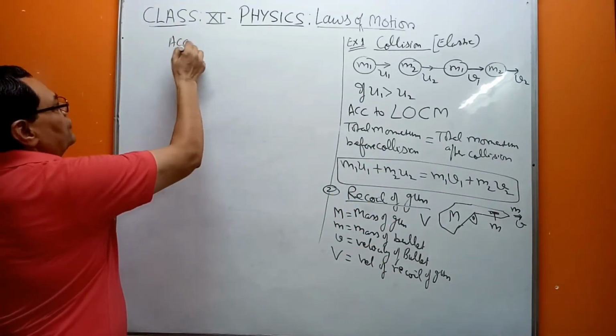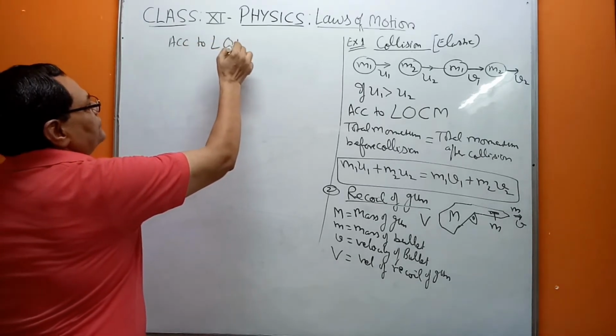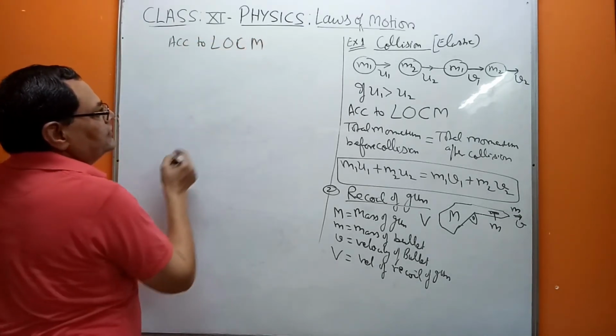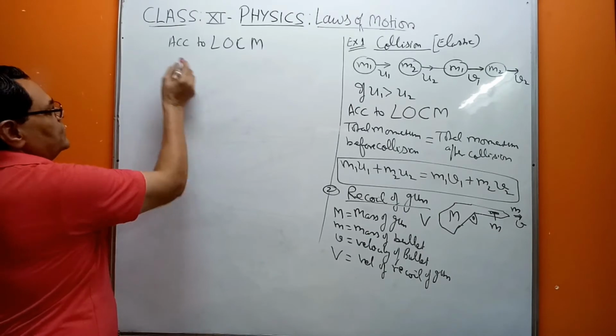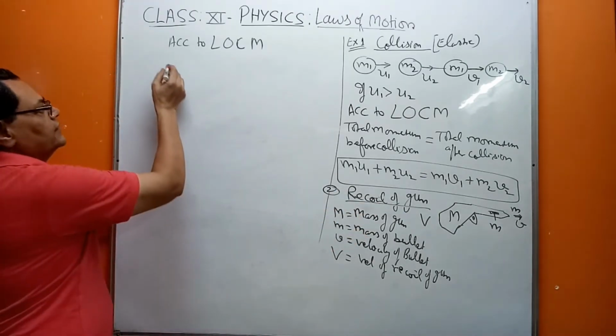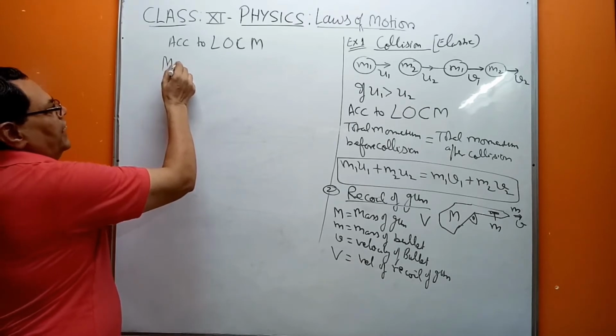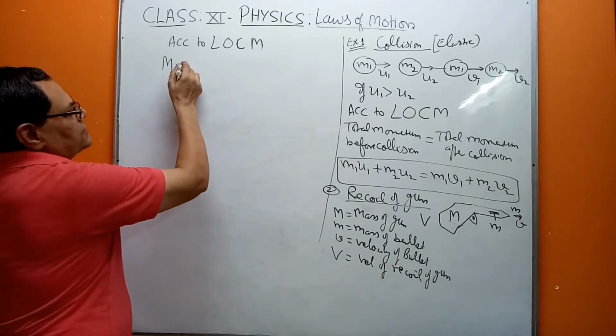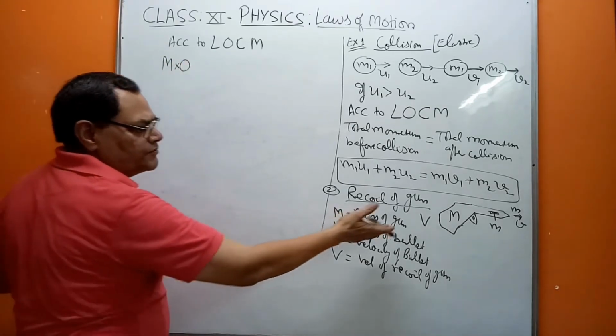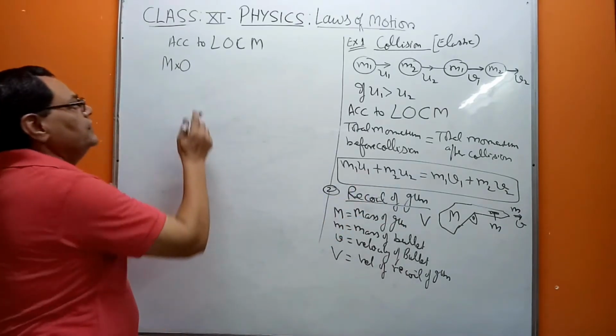So according to the law of conservation of momentum, what will the total momentum before firing be? The mass of the gun into its velocity 0, because before firing nothing was moving.